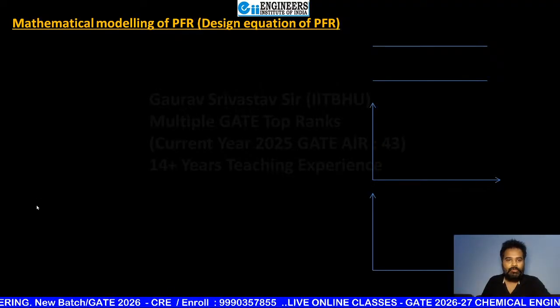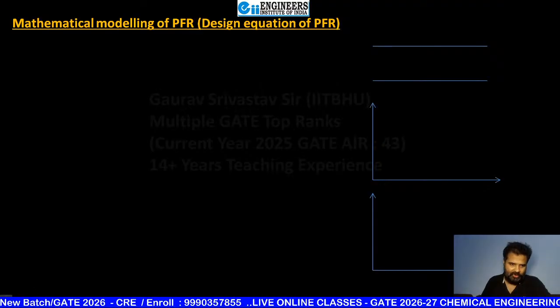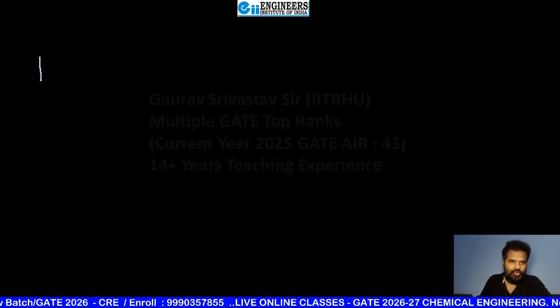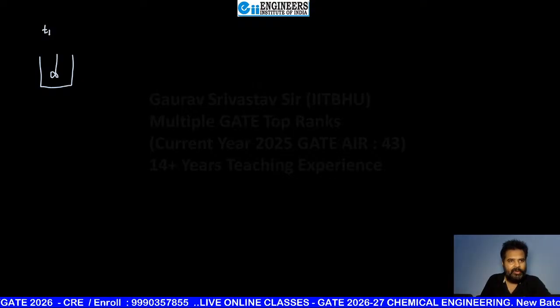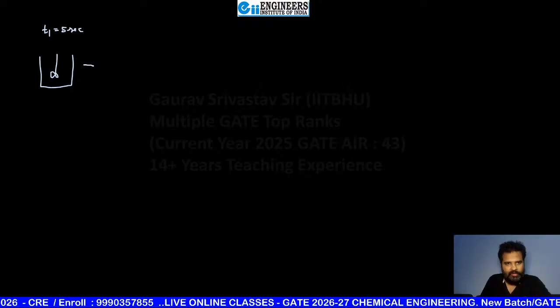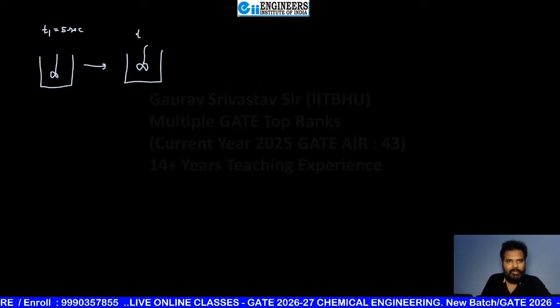Okay, now, एक बार और आपको एक शो करना चाहते हैं. See, this is your batch reactor. At time t1 is equals to 5 seconds. The same batch reactor here you are seeing at time t2 is equals to 10 seconds.